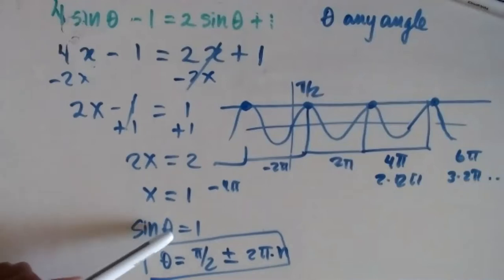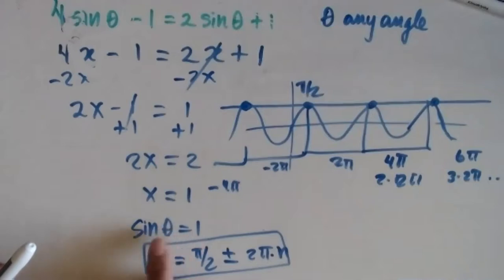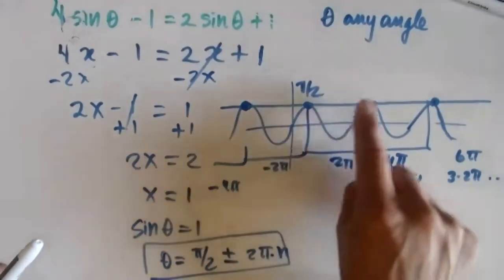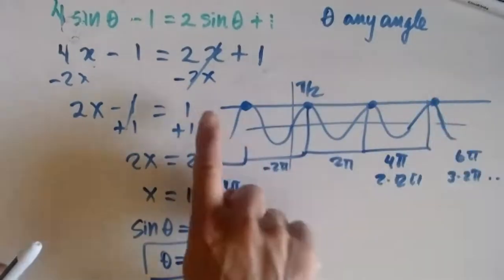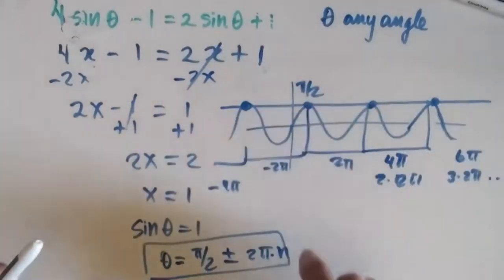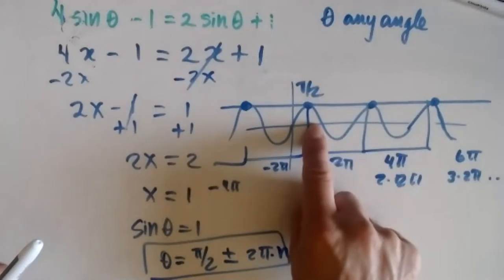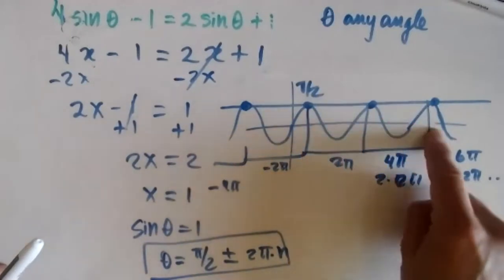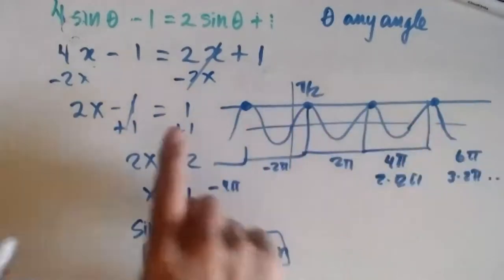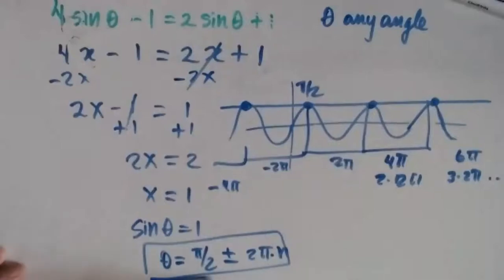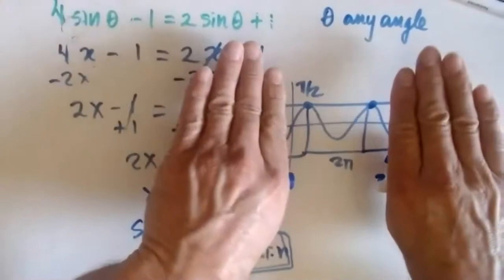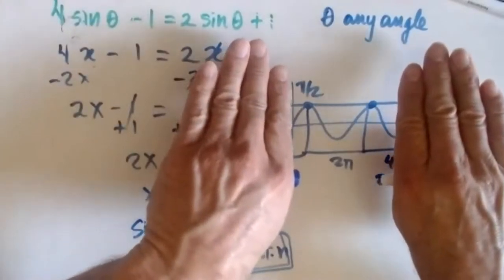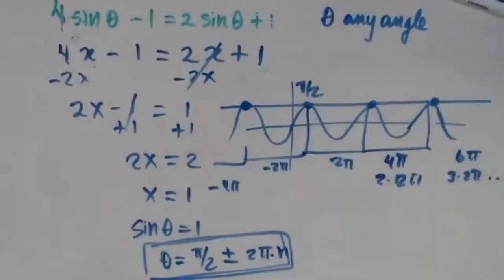Okay, sine theta equals 1. Then we have to find for how many angles the sine is 1. If we use the graph of the function, we can see that for many angles, beginning at pi over 2, every 2 pi they repeat because this is periodic. So the solutions are many, many. If the domain is restricted, then we take as many as fit the domain. Okie dokie.